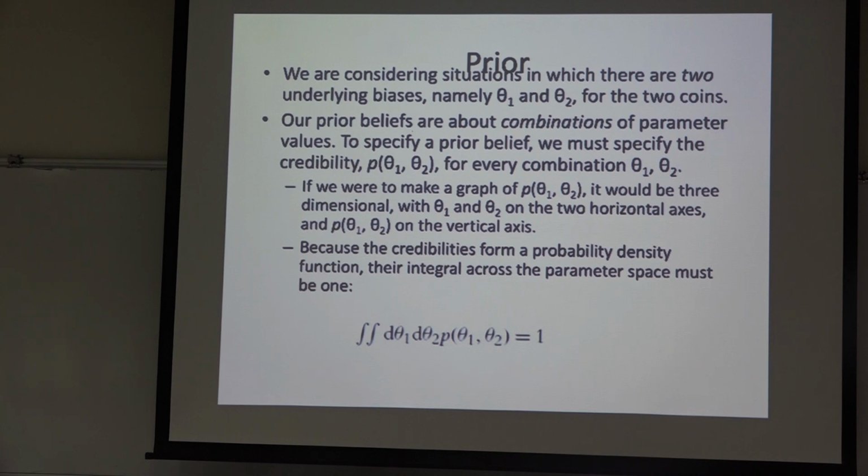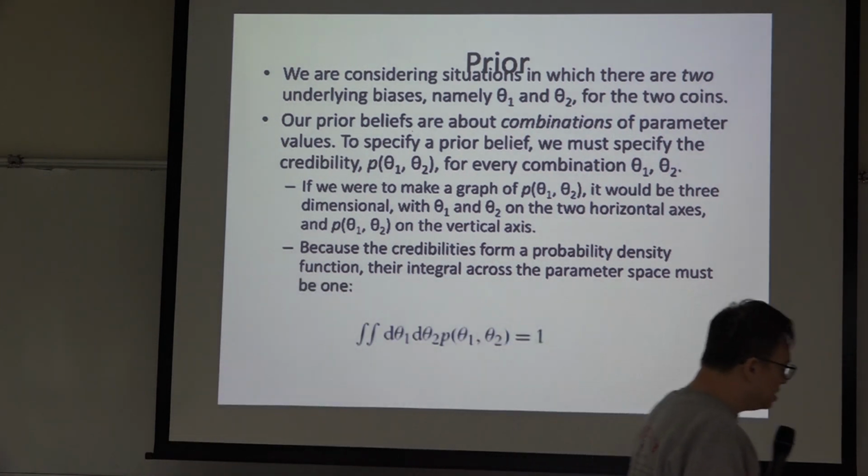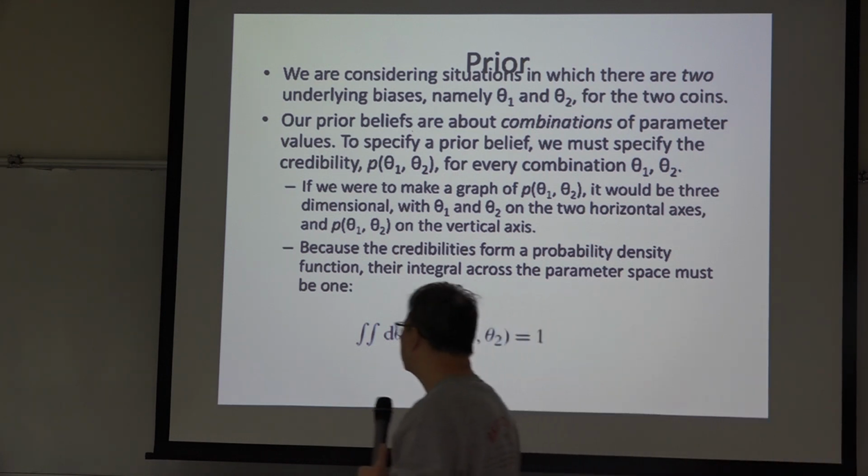So, when we describe the prior, we are actually describing the combined probability, or joint prior probability, basically.